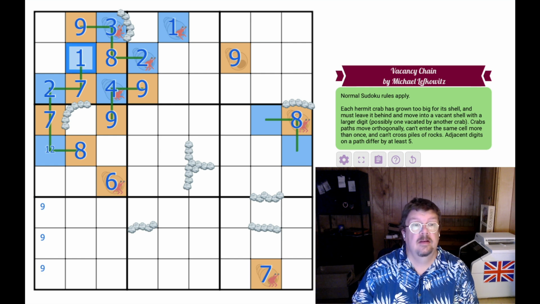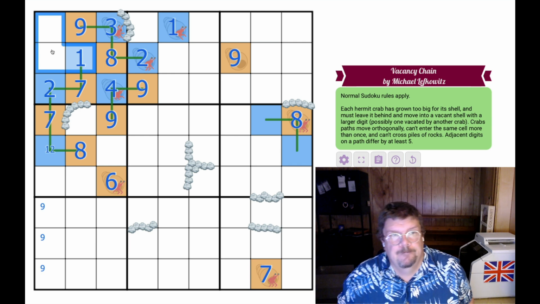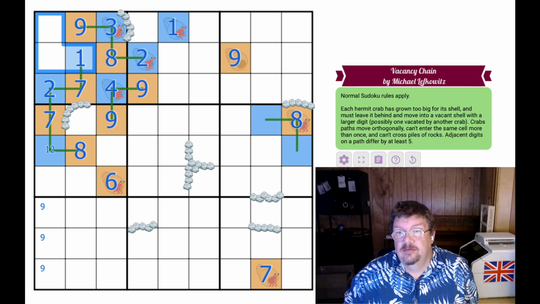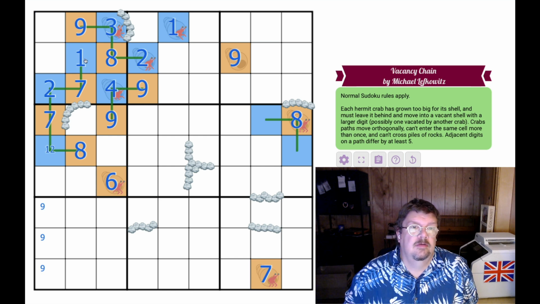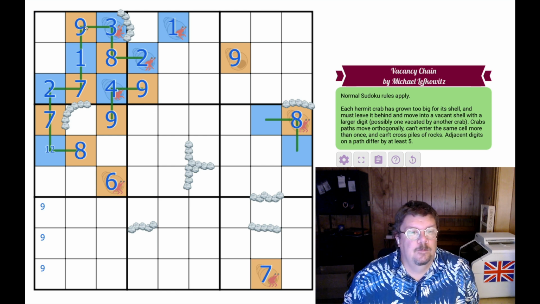Oh, let's mark that. It's blue. And then I can't go around here because I'd be putting a 6 and a 5 on the line, and there's only certain places I can put a 6, and that isn't one of them, and I definitely can't put a 5 on the line. So that means the path goes there. Okay.